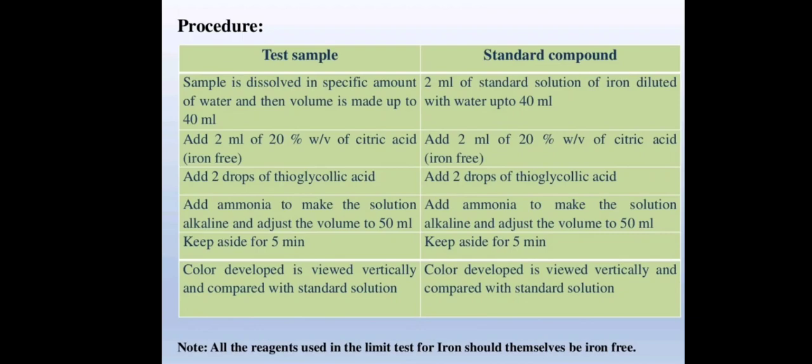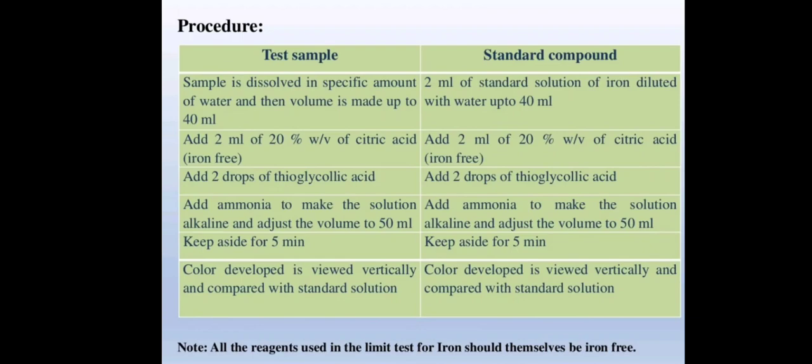Then in the standard, place 2 ml of standard iron solution in a Nessler cylinder and add 40 ml of water. The aqueous solution will wash out all the iron present in the sample or test.